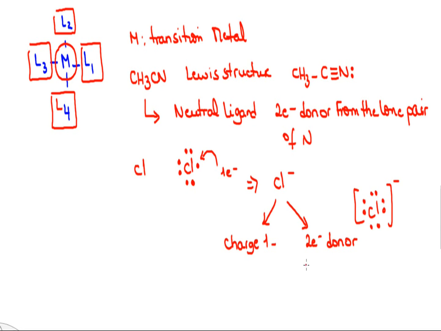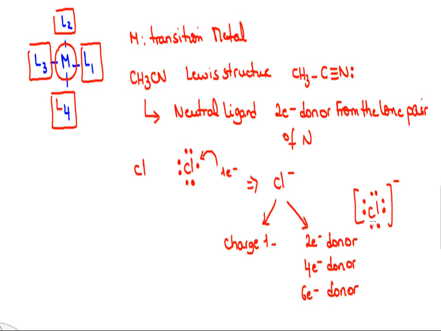By theory, we have the possibility of 4 electron donor by 2 lone pairs or 6 electron donor by 3 lone pairs. And we will see after, when writing the ligands, we can know if this ligand is a 2, 4, or 6 electron donor. The simplest is to be a 2 electron donor.